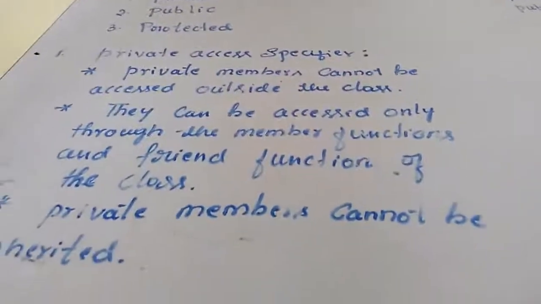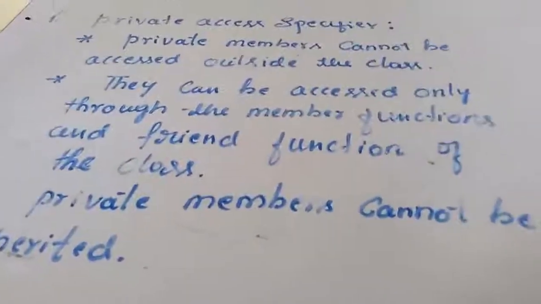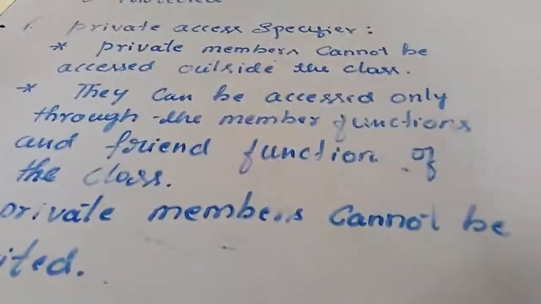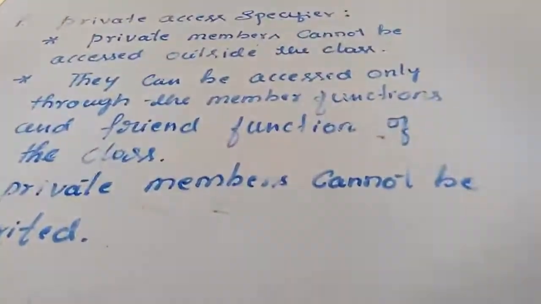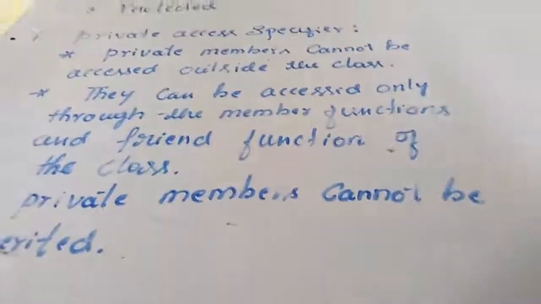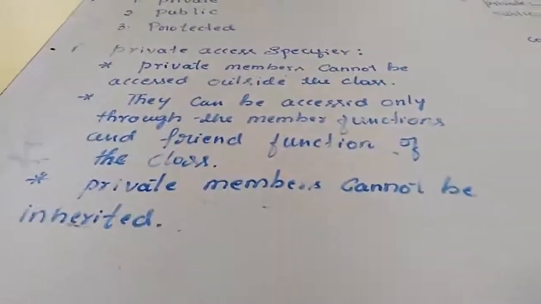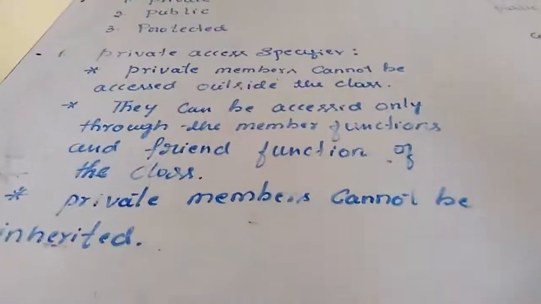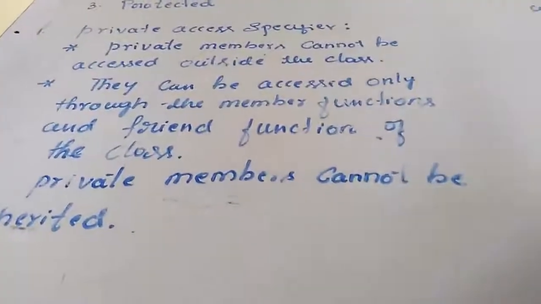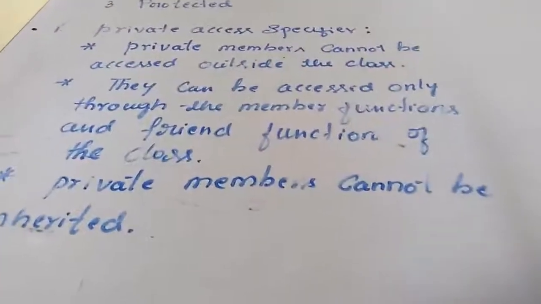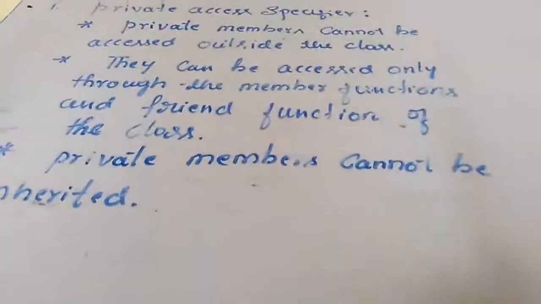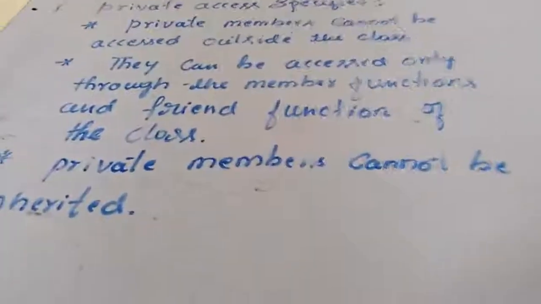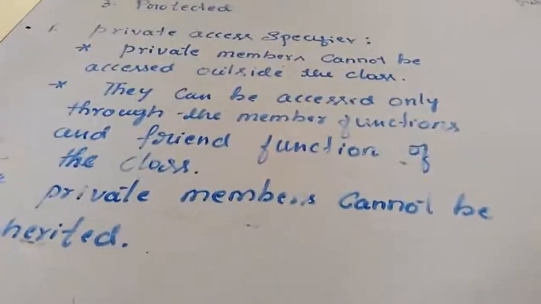And private members cannot be inherited. At this moment I'll give a little introduction about inheritance. Inheritance means the features of one class are acquired by another class. That is called inheritance. Any member, variable or function in a private section cannot be inherited by another class. This we shall also discuss in detail in the inheritance chapter. Understood?